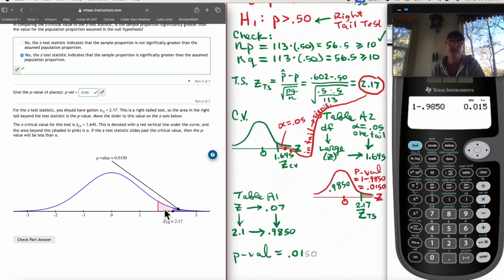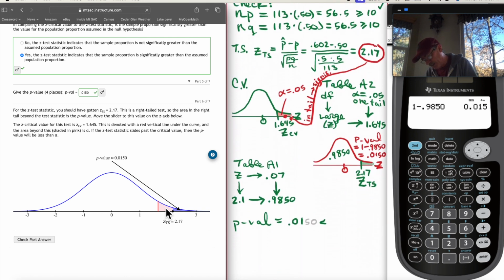That's clearly bigger than the blue area, which is my p-value, 0.0150. Whenever this test statistic goes past the critical value, the blue area, which is the p-value, will be smaller than the pink area, which is our alpha. So I could say that the p-value here is less than alpha, which was up here, 0.05.